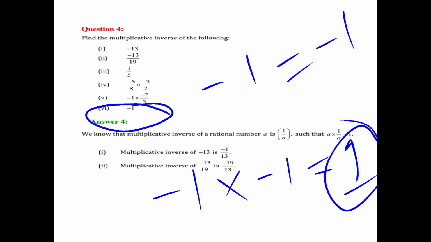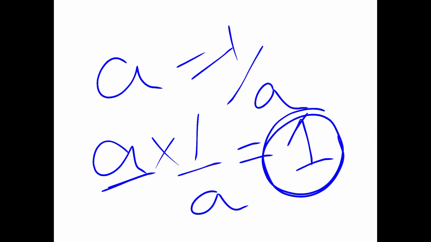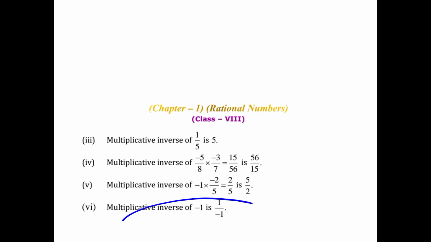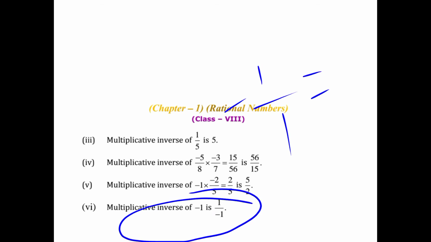So reciprocal of a number is a number such that when the number and its reciprocal are multiplied, we get 1. In this case, reciprocal of minus 1 is 1 over minus 1, which is again minus 1.